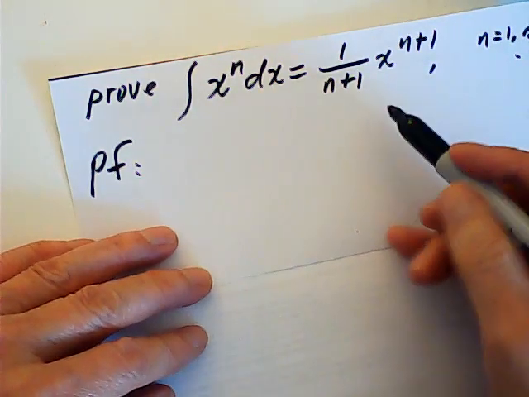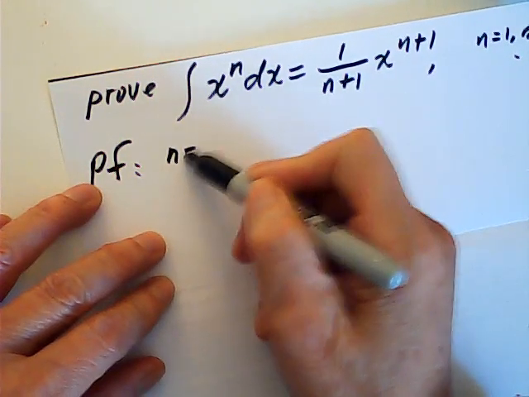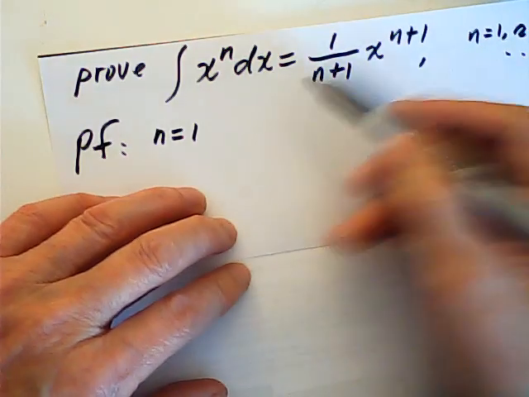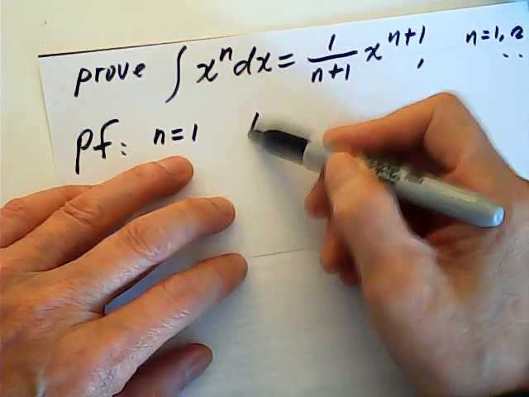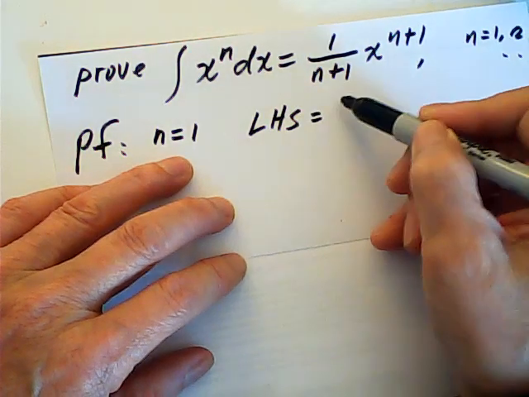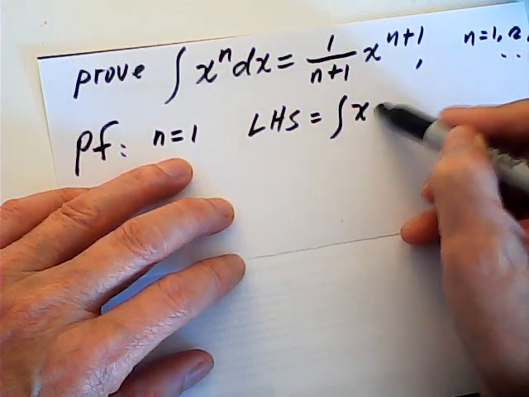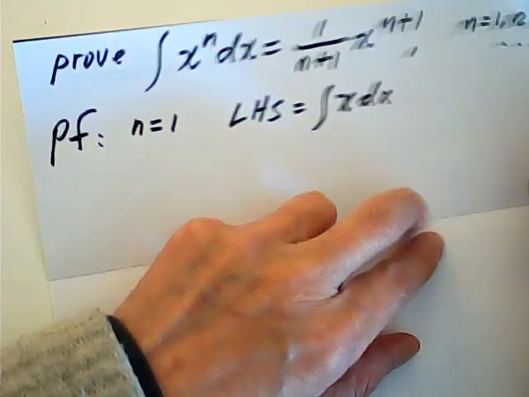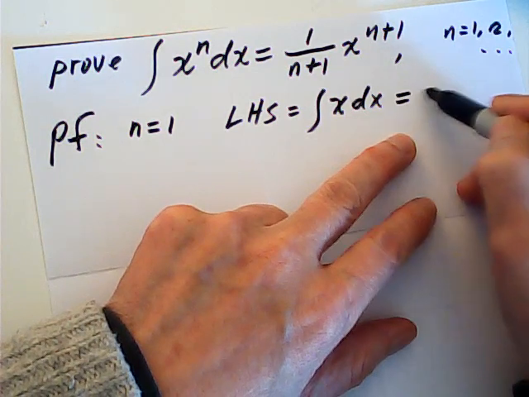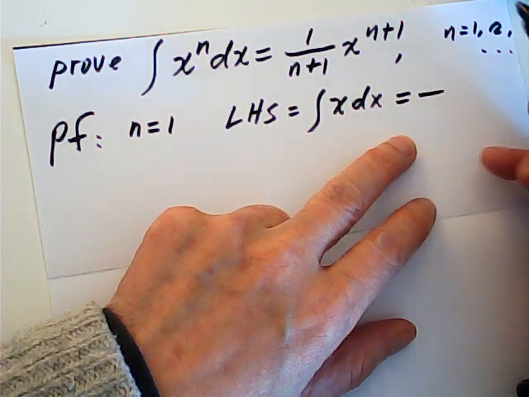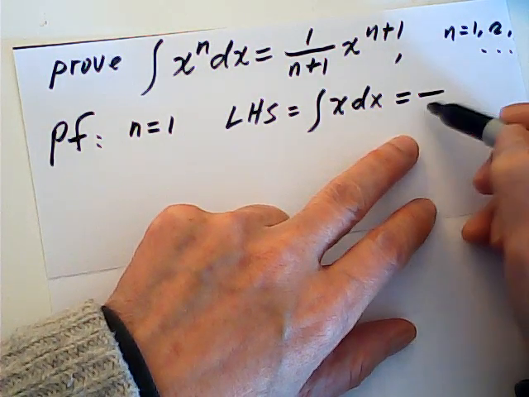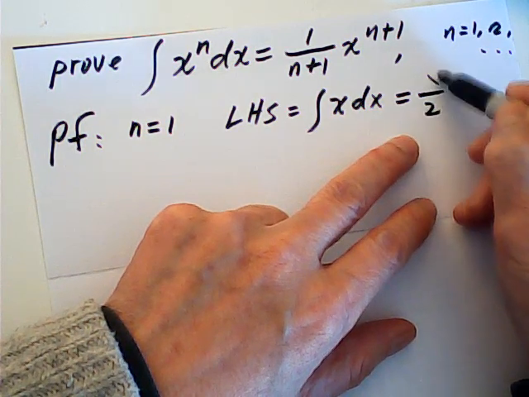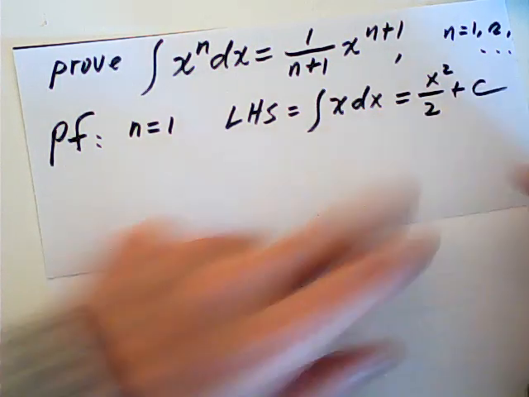First, we let n equal to 1. So when n equals 1, the left hand side is equal to the integral of x dx. Well, that integral, of course, is equal to half x squared, plus c.